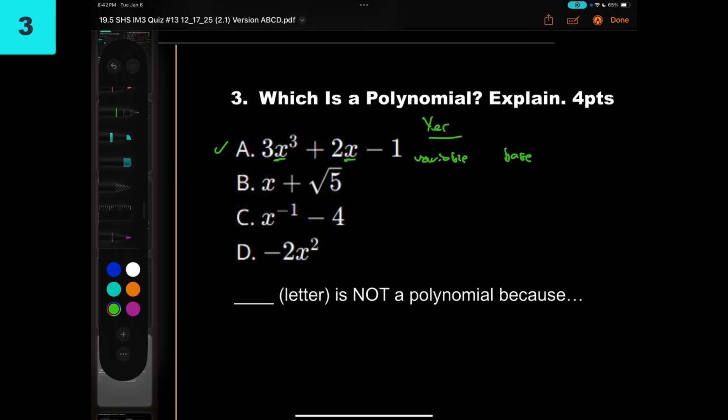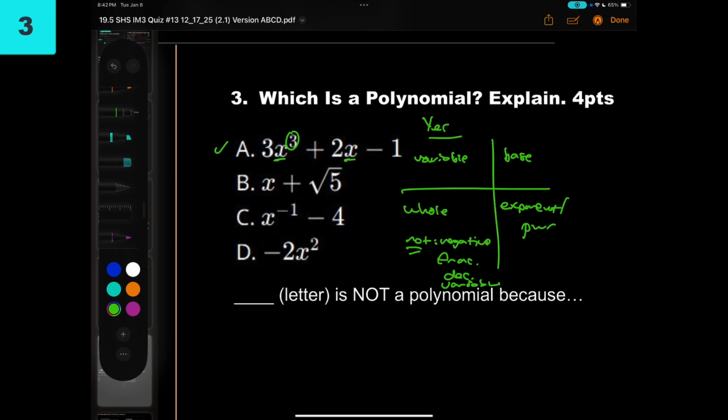And your exponents, or your power, that's this one up here. These will be whole numbers, not negative, fraction, decimal, or a variable.